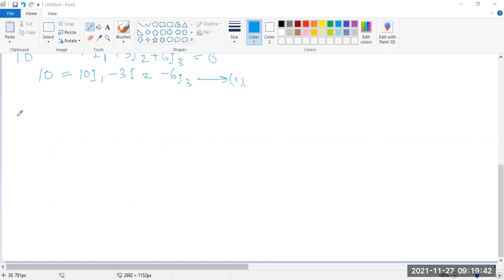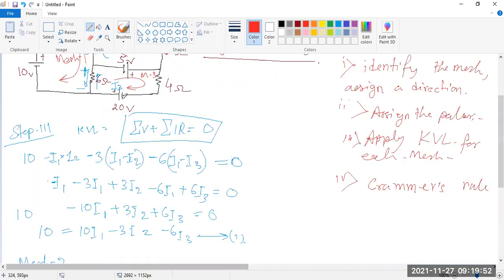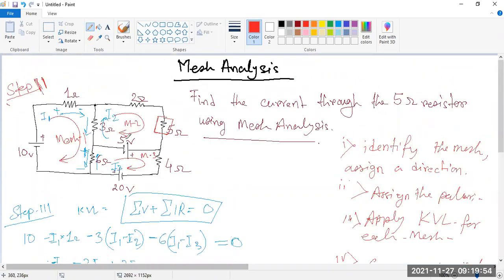So that is mesh 2. In this mesh 2 you can see there is only a voltage source. Okay, but our direction is positive to negative. If I traverse in this direction, it is positive to negative, so it will be considered negative.